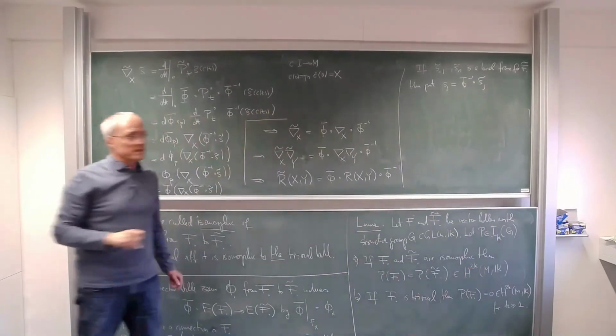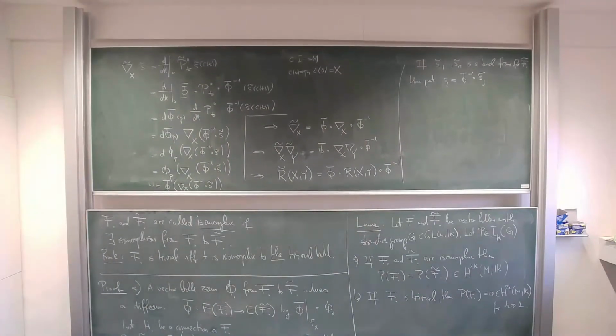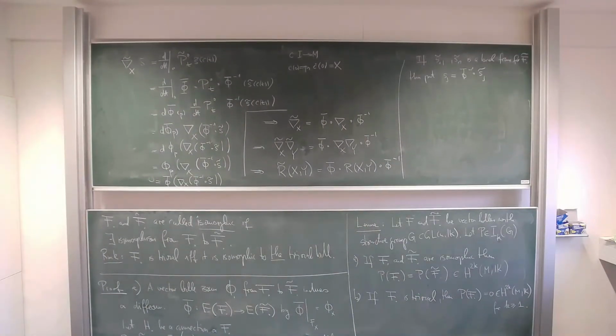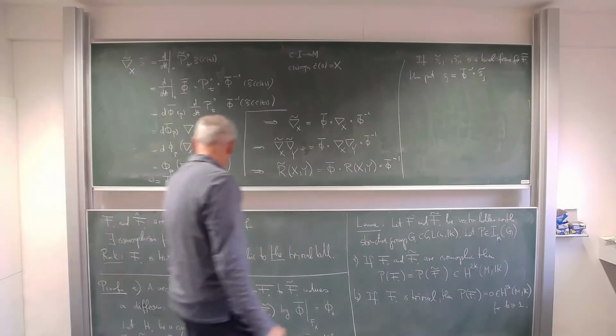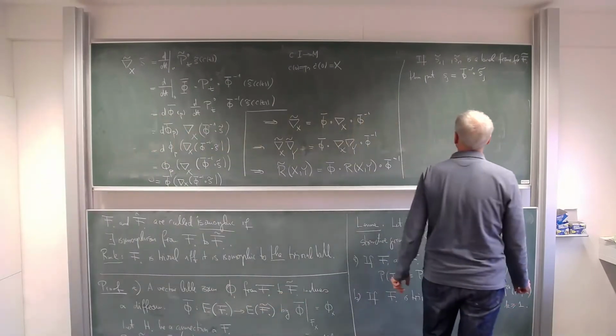So at each point phi bar is just the inverse of this isomorphism, so this gives us a local frame for the untilted bundle.